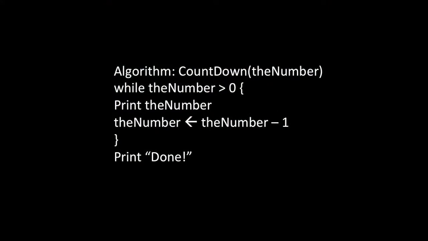That is, the last statement of the loop was the number is the number minus 1. We can move this decrementing activity into the specification of the loop condition itself using the for construct.